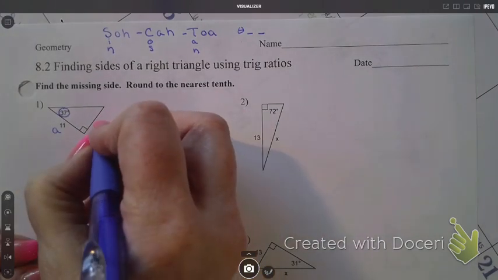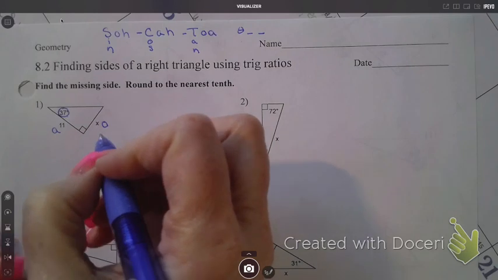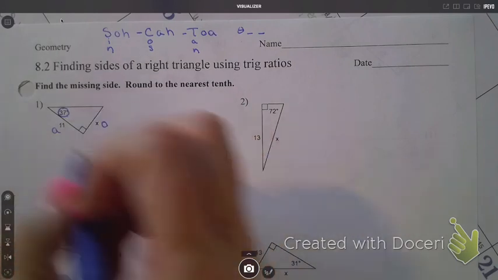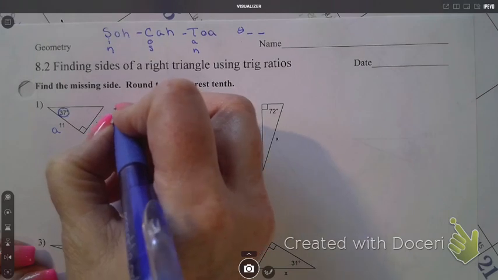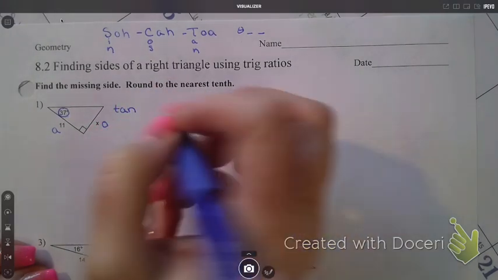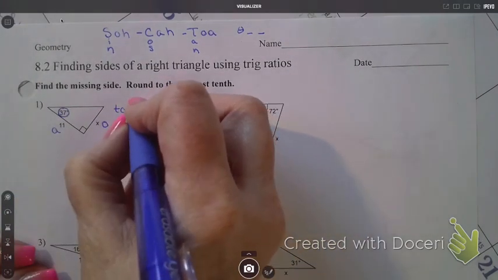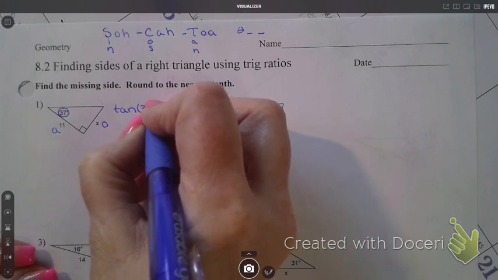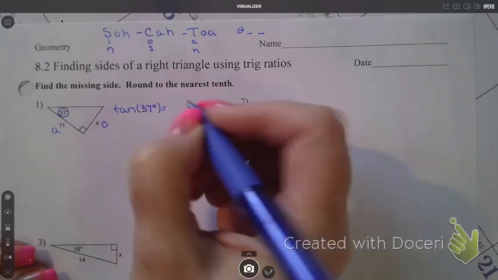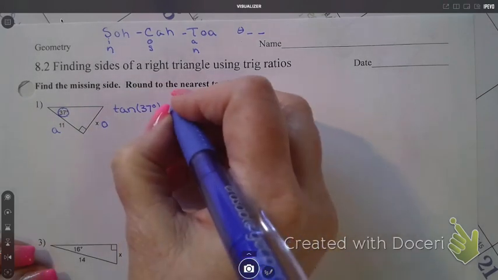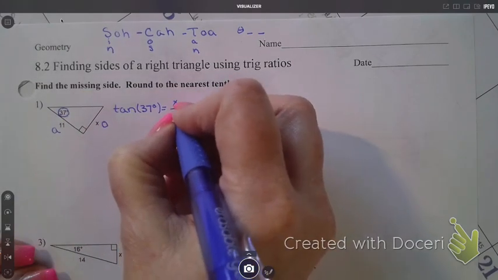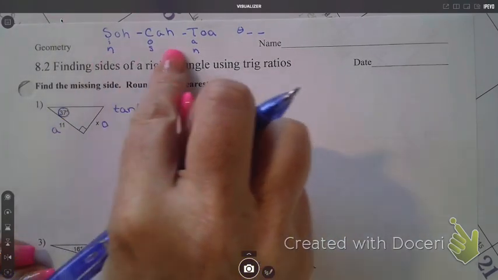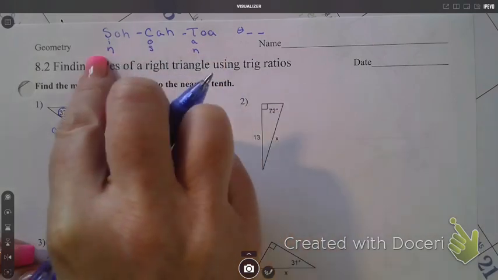Opposite. So what ratio is opposite and adjacent? Tangent. So I'm going to have tangent of the angle, which is 37 degrees, equals opposite, which is X, over adjacent. So if you don't remember it, you can remember SOHCAHTOA. Is that a good way to get through these? Yes.